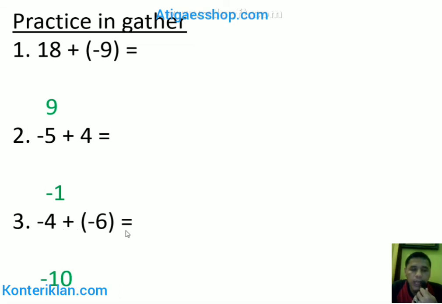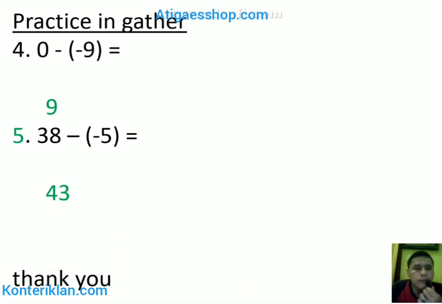You can use algebra discs if you are confused: put negative 1 as many as 4 times, and below put negative 1 as many as 6 times, and then count them all, and you can find the answer is negative 10.